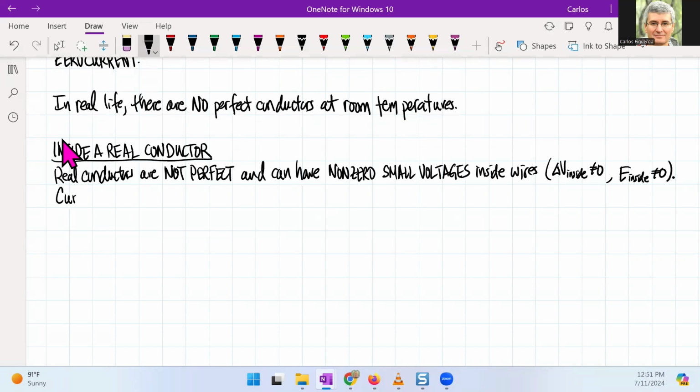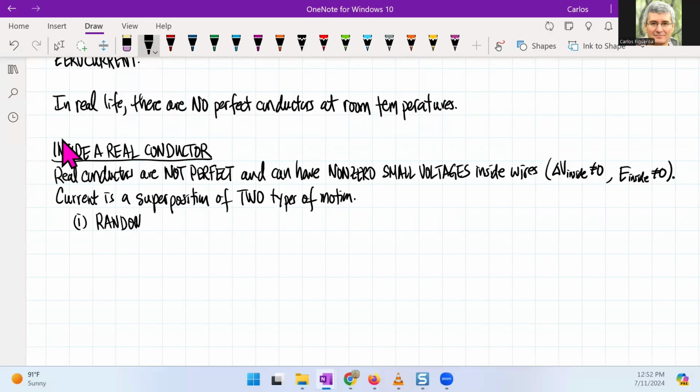Now, current is a superposition of two types of motion. One of these motions is what I would call the randomized motion due to collisions.